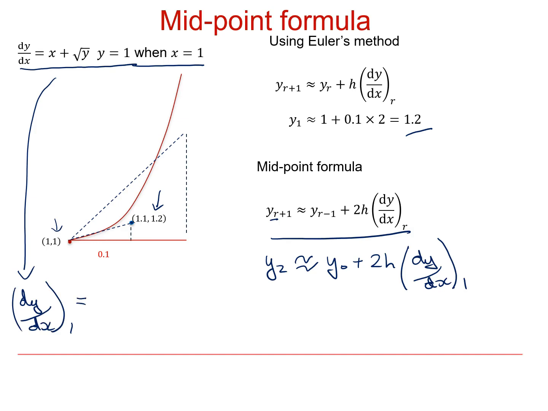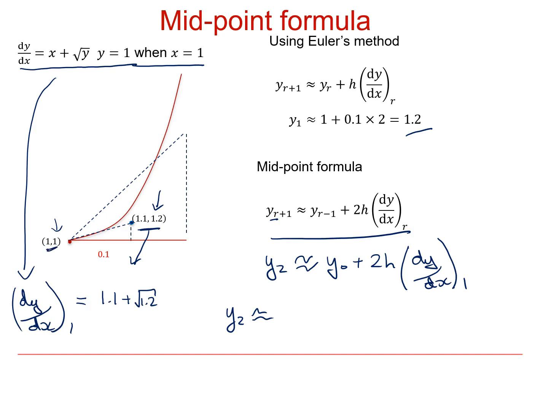That's not the x value 1 or y value 1. So we're using these two coordinates here to give us a value for dy by dx when r equals 1. So we've got 1.1 for x and we've got 1.2 for y.